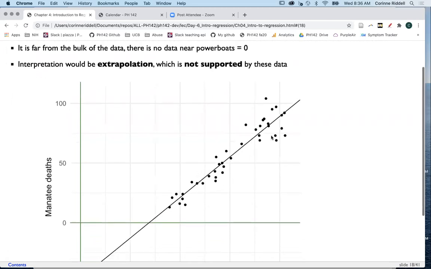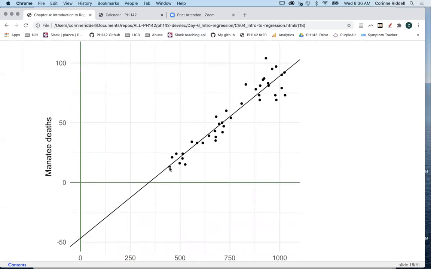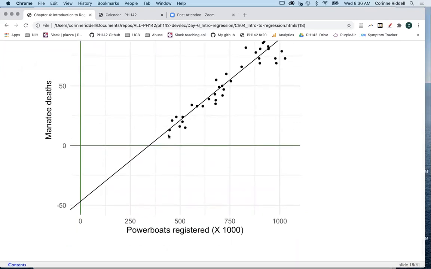What happens is, this is the range of the data. The X number of powerboats registered has a lower bound just under 500. But if you extend this out to what the line of best fit says, when X is 0, it's a negative number.